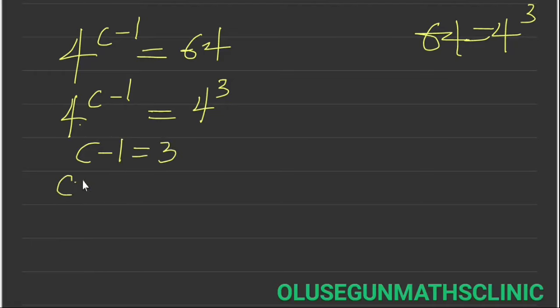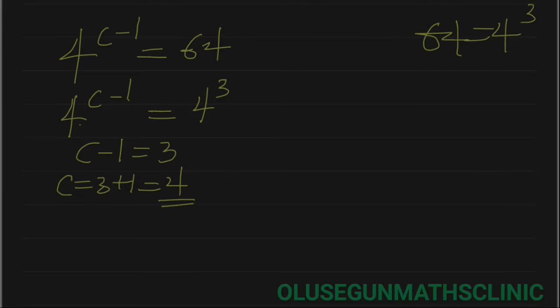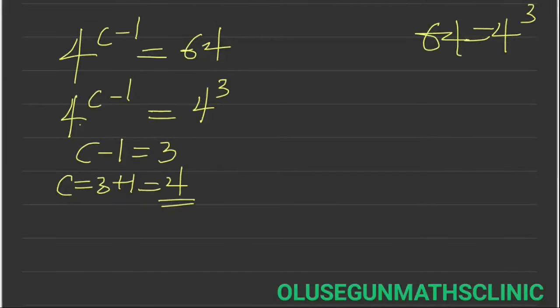Therefore, c is equal to 3 plus 1, which is equal to 4. So that is just how to solve this. For many questions like this, you just have to learn how to manipulate and get the exact values of indices.